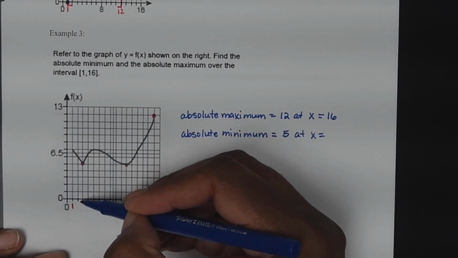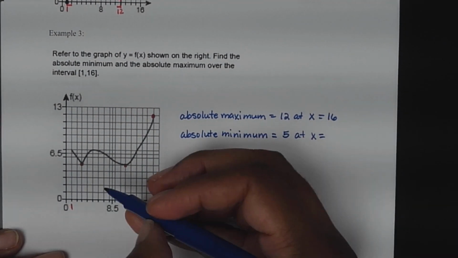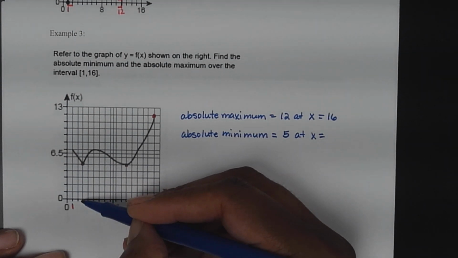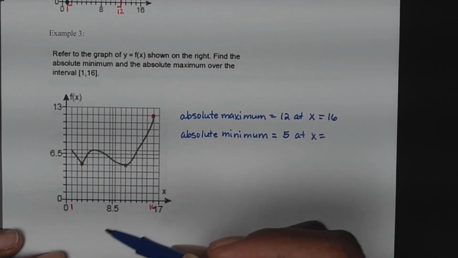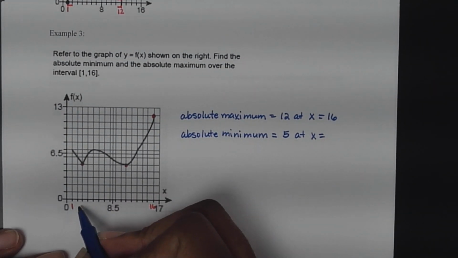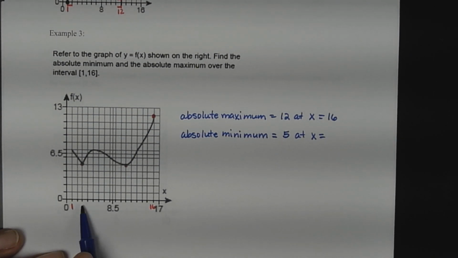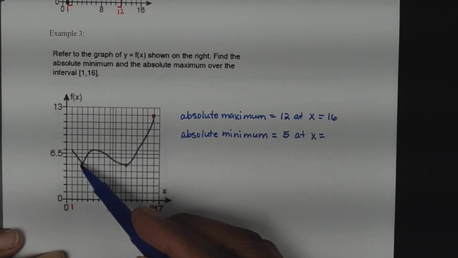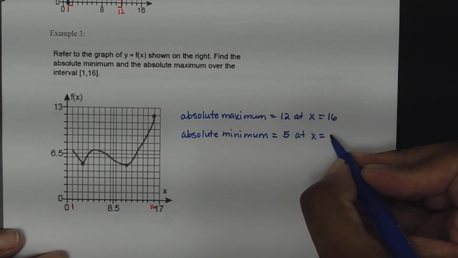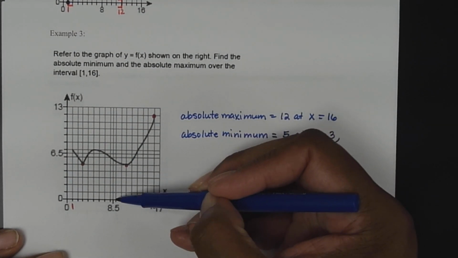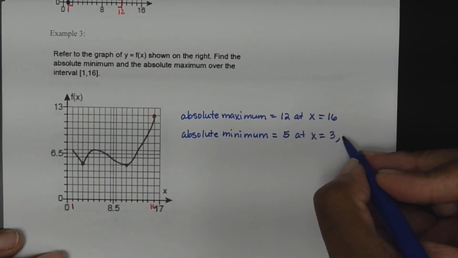One of them will be at x is equal to 3. No, it's at x equals 3. And the other one will be at x is equal to 11.